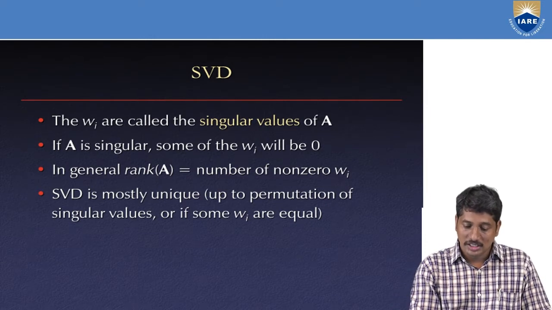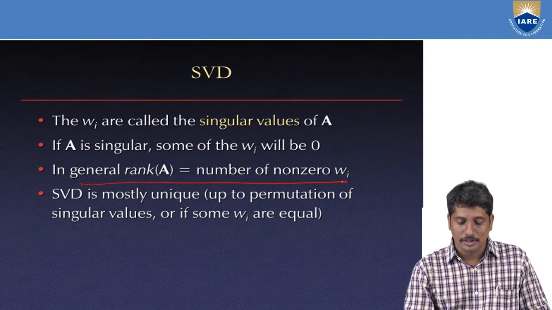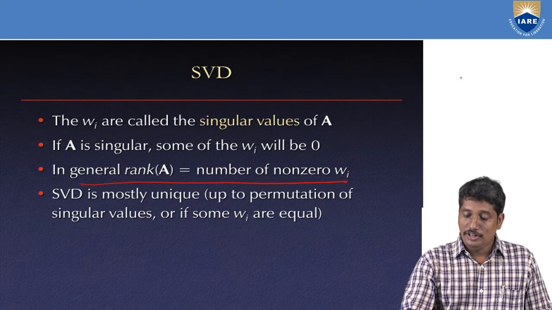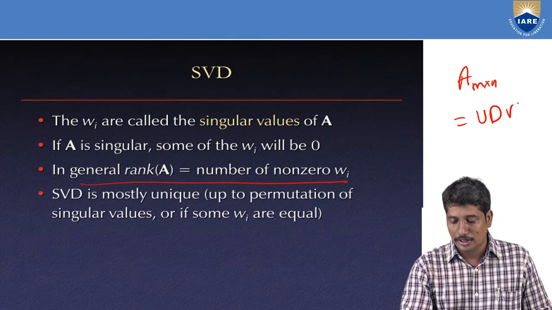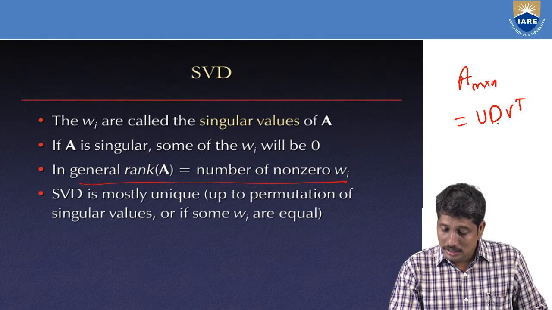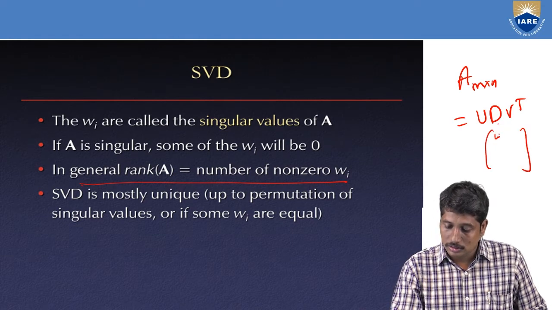Here he is proposing an important property of these singular values. When we have an M by N matrix decomposed into U, D, V transpose, D will have some singular values like w1, so on, wn.